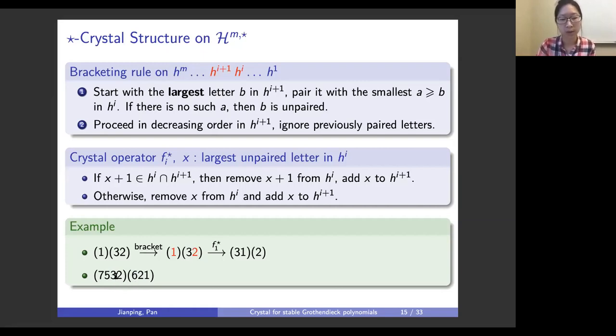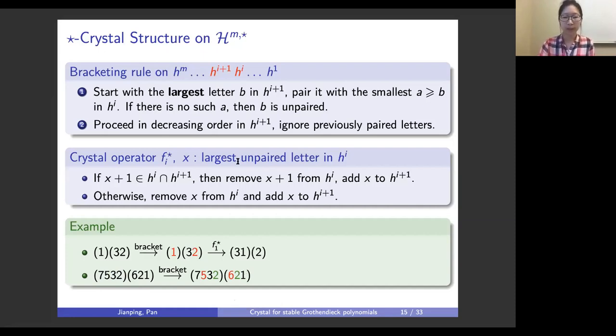Then we go on to 3. Because the 6 has already been paired with the 5, we cannot pair 6 with the 3, and there's nothing else that's greater or equal to 3, so 3 becomes unpaired. And in the end, 2 will pair with the 2. So that's the pairing.